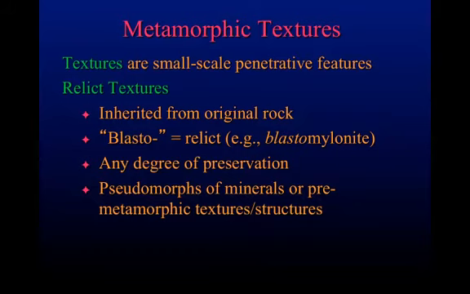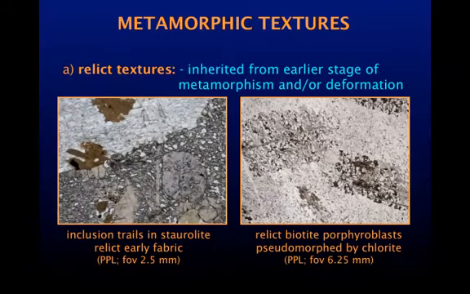And you can also have pseudomorphs of minerals or those pre-existing textures. A pseudomorph is, as the root morph, shape, means, that a shape is preserved even if the mineral is not. We'll look at some examples.